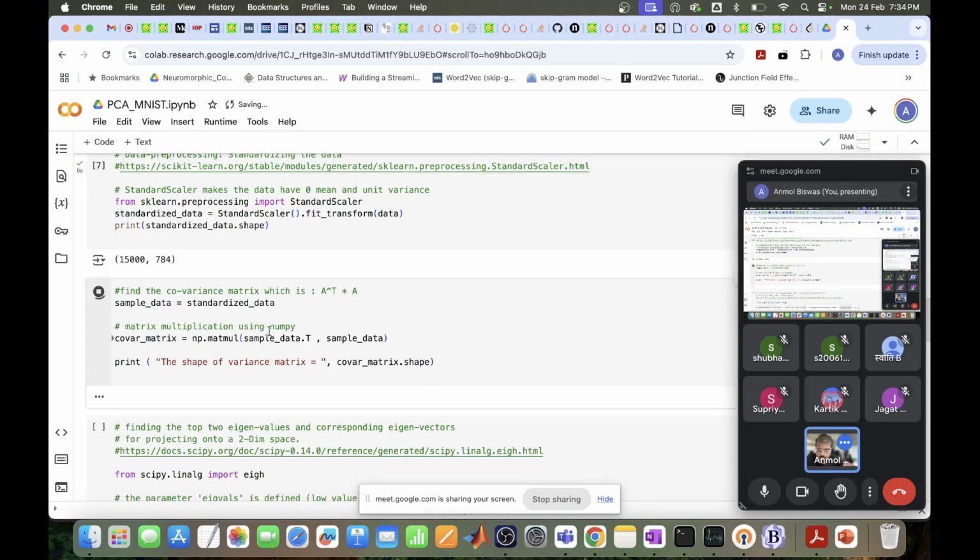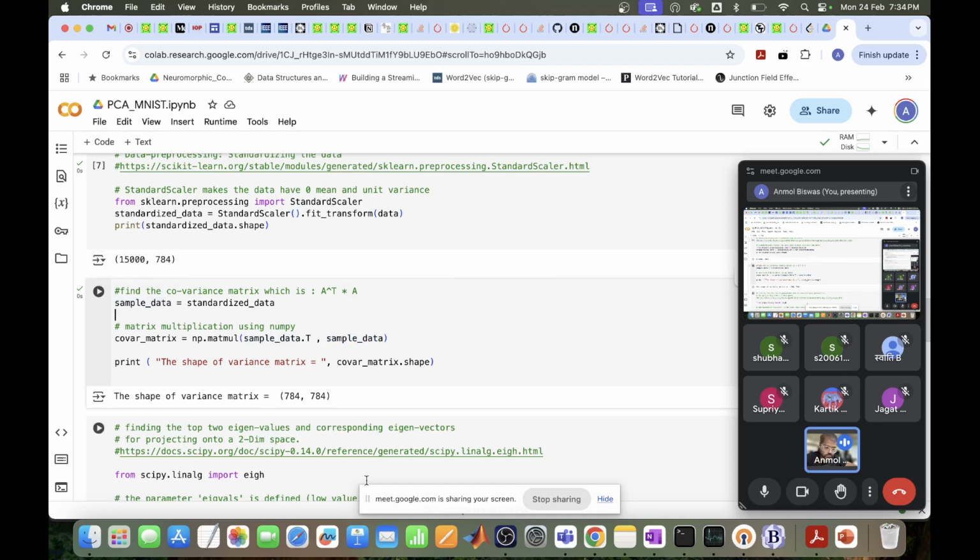And then we compute the variance matrix, or rather the covariance matrix, right? So you take sample data transpose and you multiply it with sample data. So this is A transpose A, and our A is 15,000 by 784. A transpose is 784 by 15,000.